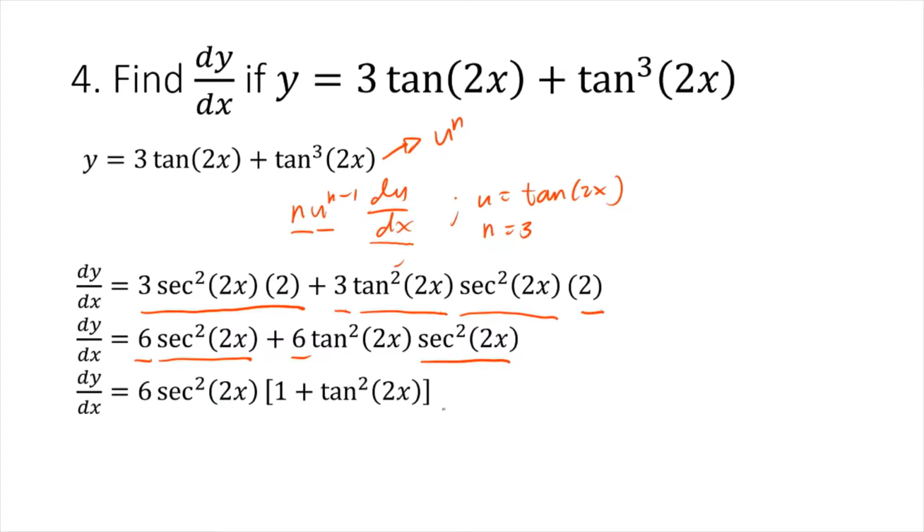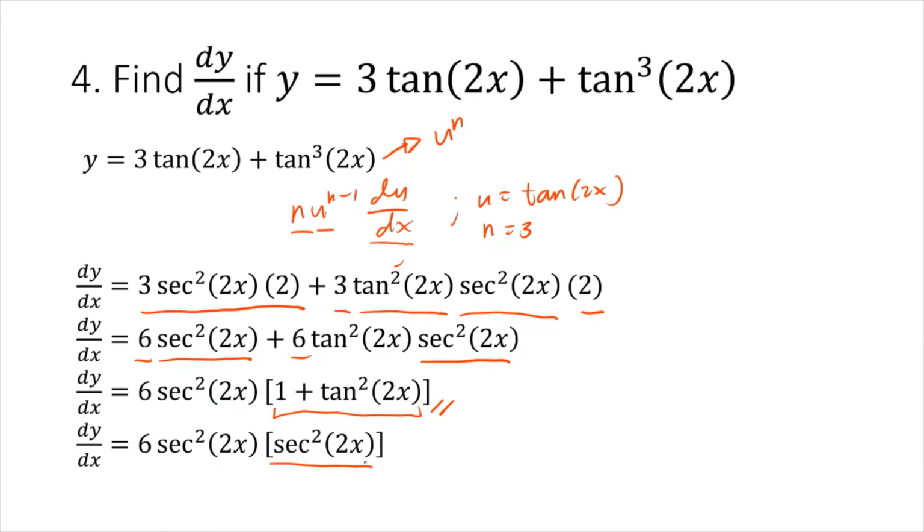We can consider this as the final answer. However, if you can notice, this expression here is actually the Pythagorean identity of secant squared 2x. Okay, and so if we simplify further, this will result to 6 secant raised to the fourth power of 2x. Okay, so this is now our final answer.